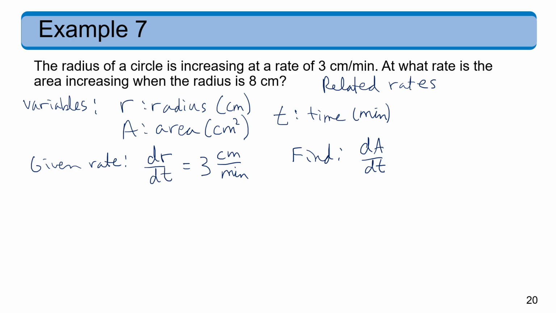So you want to make sure to clearly label your two rates, the given one and the one you have to find, and write them both as derivatives. Now we need an equation that relates the two variables in our rates. We have radius and area. Without the derivatives, the two variables are r and A. We need an equation that relates those two variables.